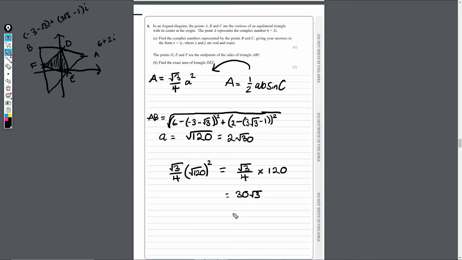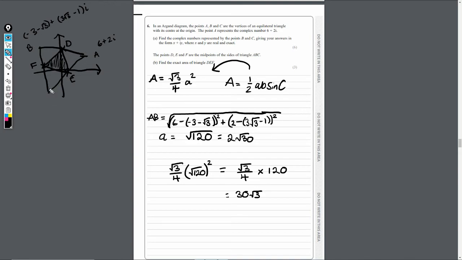Now, let's not get carried away. We haven't quite finished yet. The reason why is because this length here, this A, is for my triangle ABC. Well, we've got these points here, the midpoints. Notice we've split this up into a triangle in the middle of this original triangle we're working with. So this is going to be a quarter of my full triangle.